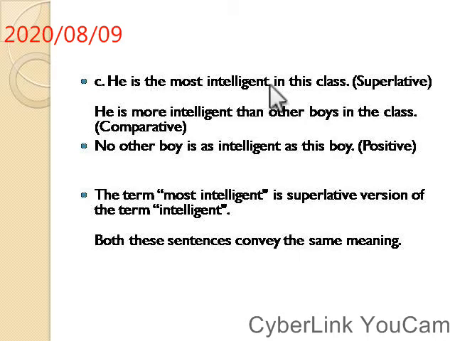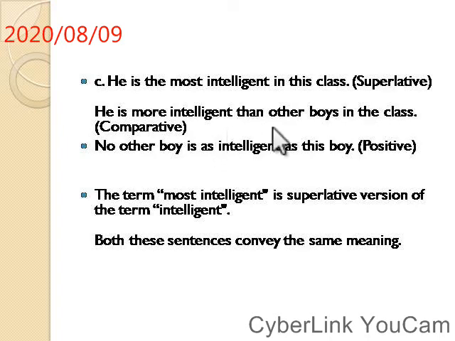He is the most intelligent boy in the class. This is superlative. How do you write it in comparative? He is more intelligent than any other boy in the class.